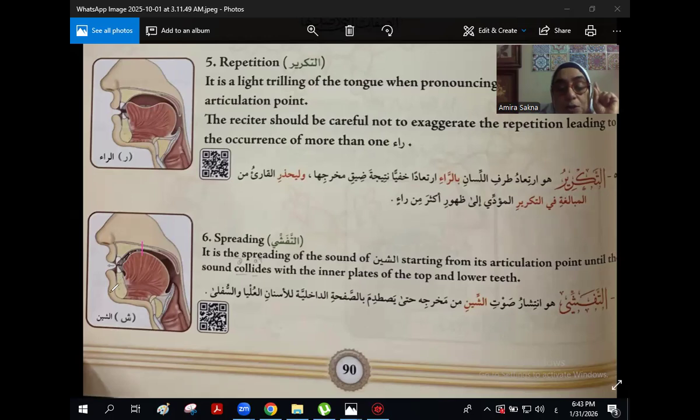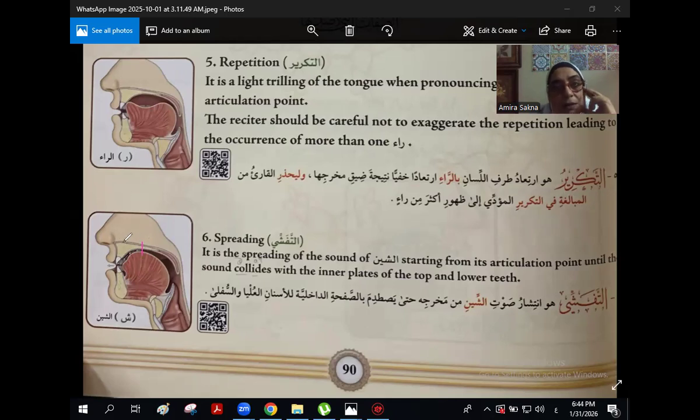Teeth, not central incisor, all the teeth. So the sound will collide with the upper or lower teeth, and part of it will go out. The part which collides with the teeth will come back inside the mouth and then go out. And that's why we have kind of spreading of the sound in this area.